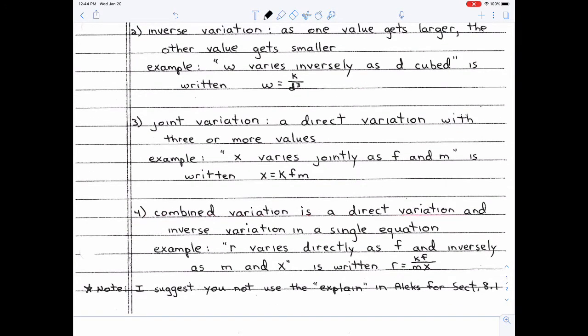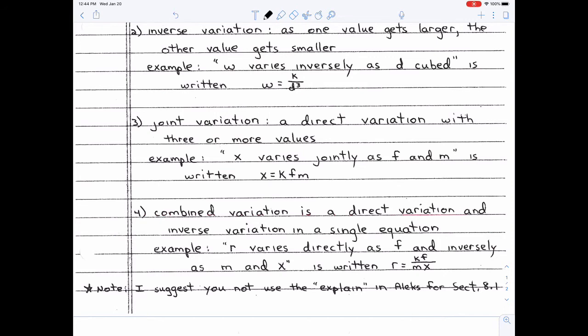Joint variation is just a variation with two or more values. So again, we have x varies as equals k, and then jointly, which means multiply, because it's a direct variation, as f and m. Okay? And then a combined variation is a direct and an inverse variation in a single equation.